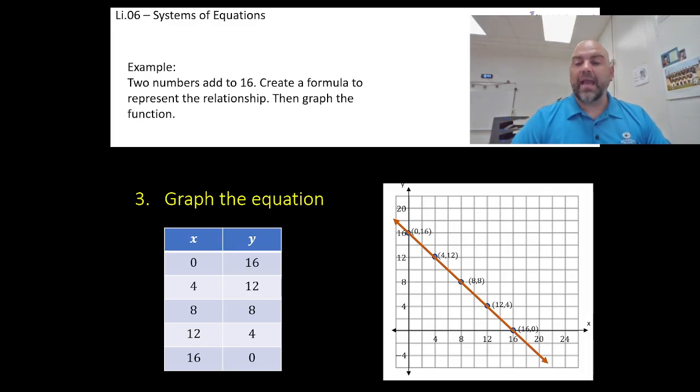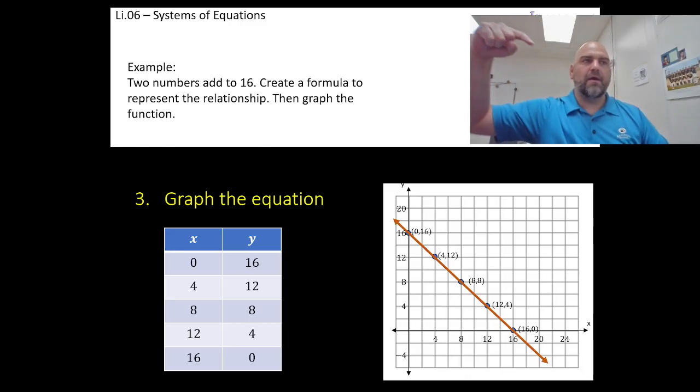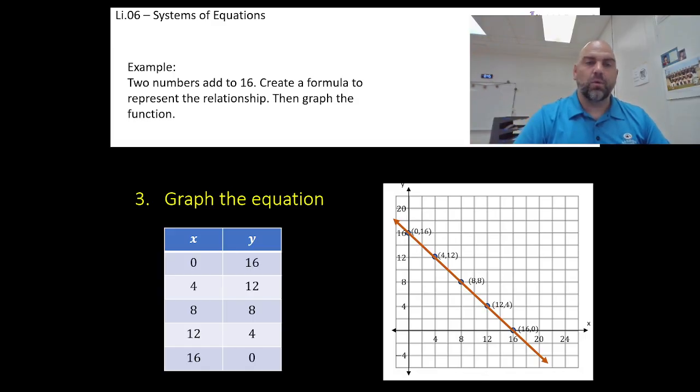It also goes into the negatives. So if you have negative 4 and 20, or if you have 20 and negative 4, that one would work also. So all of these are going to work as a part of the pattern that is being shown. So you can use every single one, and that's why, again, we draw that line through with arrows at both ends, showing that it's going to continue going forever and ever in each way.